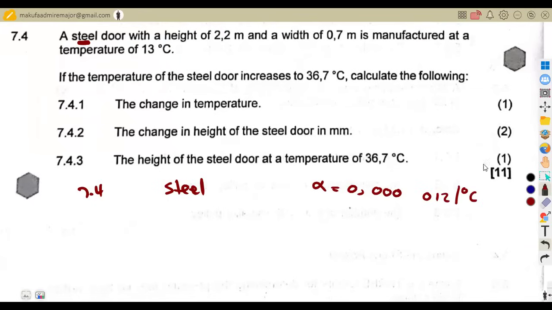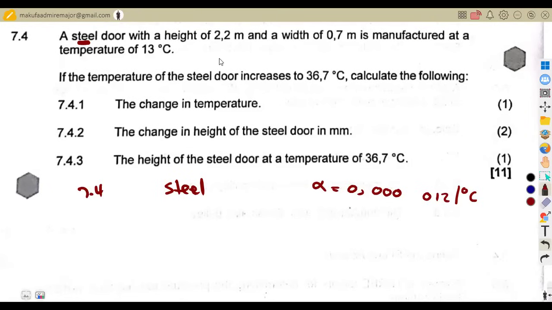So there we have a condition that we are supposed to consider, the linear coefficient of expansion of steel, like I said.